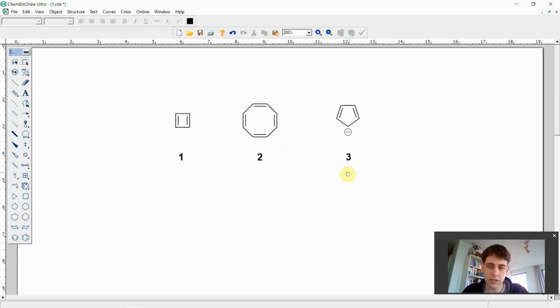The last molecule here in line is a charged molecule. It's a 5-membered ring, the cyclopentadienyl anion. We can see it's cyclic. All the p orbitals are conjugated in a constructive way. We can count the pi electrons, 1, 2, 3, 4 in the double bonds.